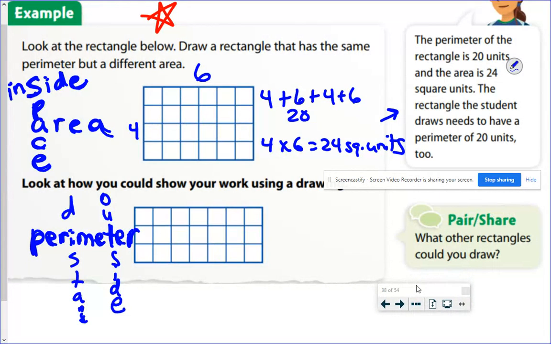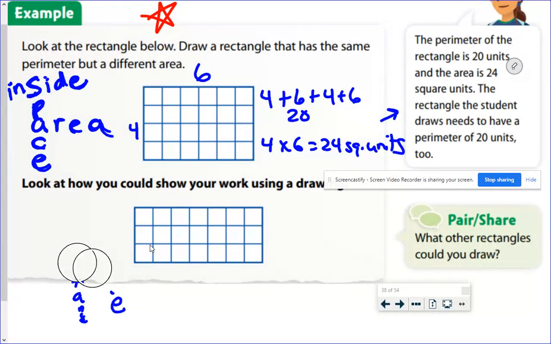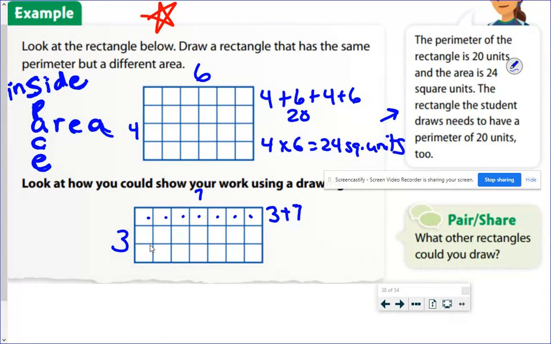This shape has, it is 3 units here and 7 units here. So how long plus how wide it is, that's 10.